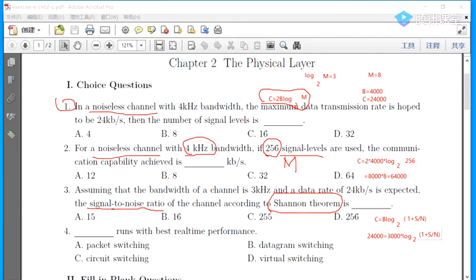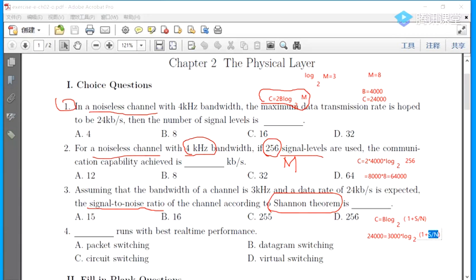So what's the signal to noise ratio? Log should be 8, right? So 1 plus S over N should be 256.